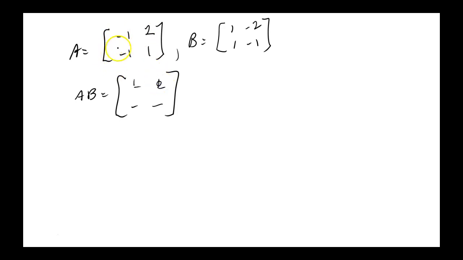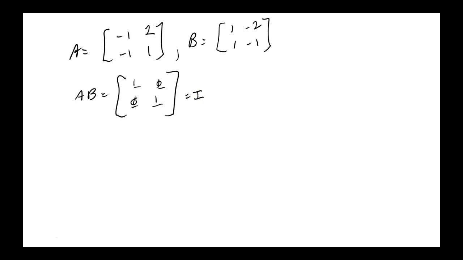The 2, 1 entry will be 0. And the 2, 2 entry will be 1. Hey, that's the I. But that may not be enough.